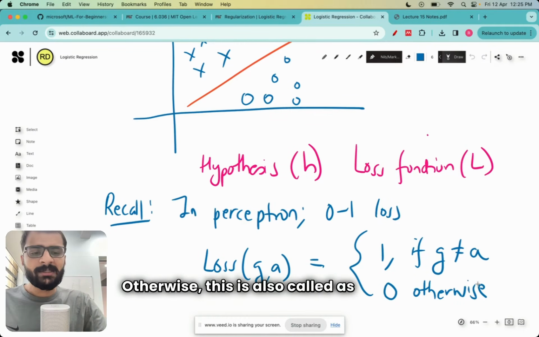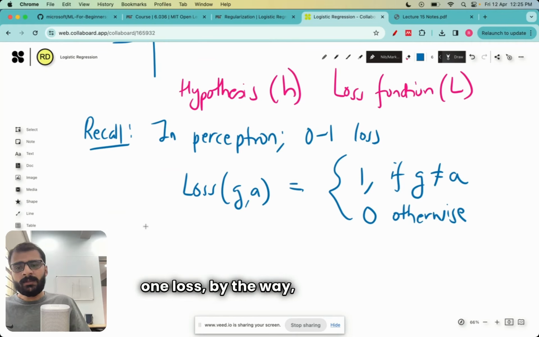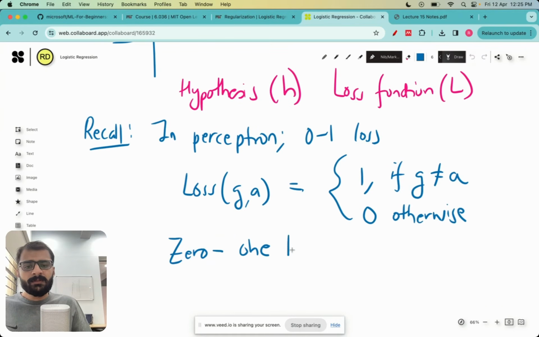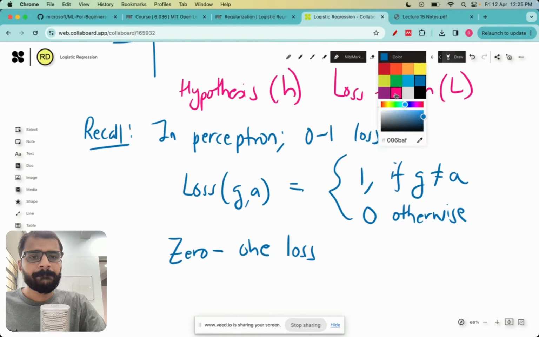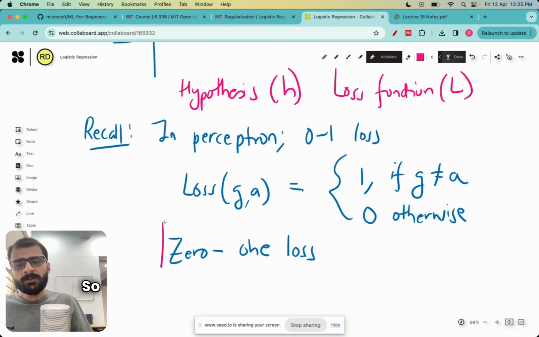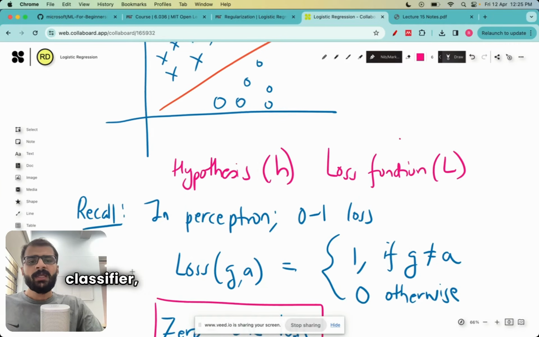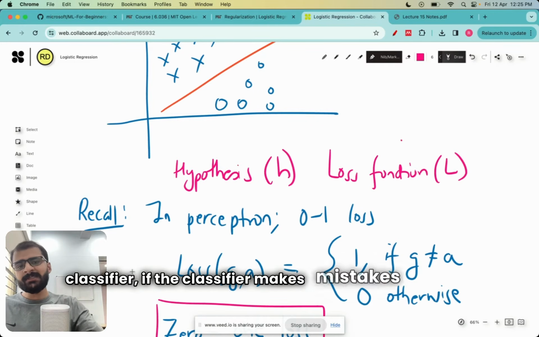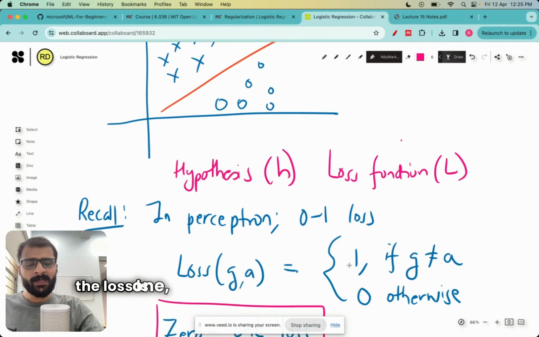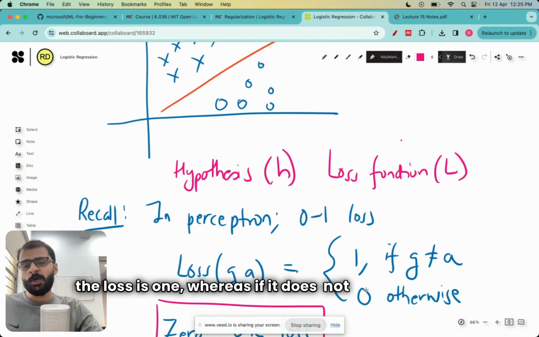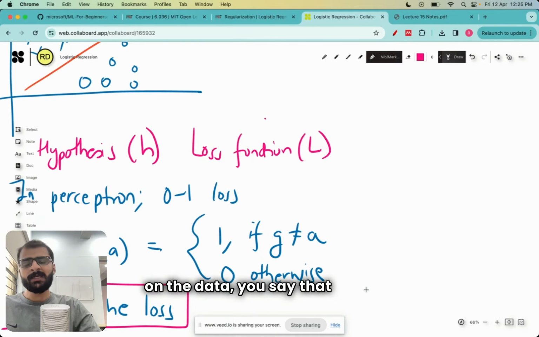This is also called the 0 1 loss, by the way. So this says that as you're finding the best linear classifier, if the classifier makes mistakes on data, you say that the loss is 1. Whereas if it does not make mistakes on the data, you say that it's 0.